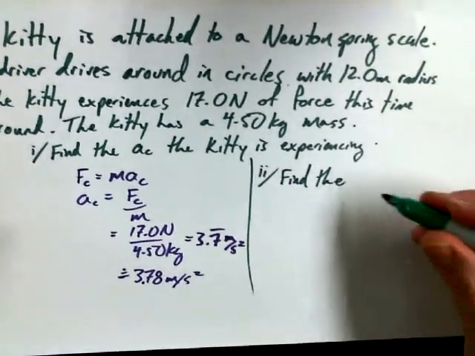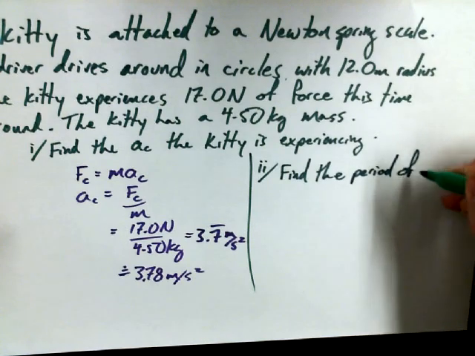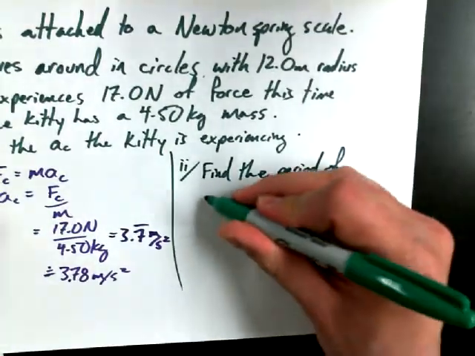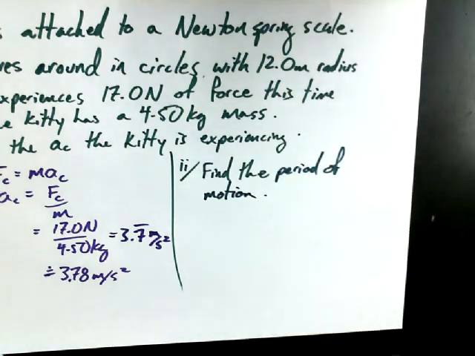All right, so find the period of motion. Now, how would you like to find the period? What would be a nice method to get to that? Do you have an equation that would be useful? Yeah, Allie?